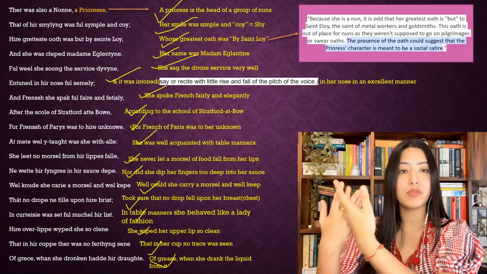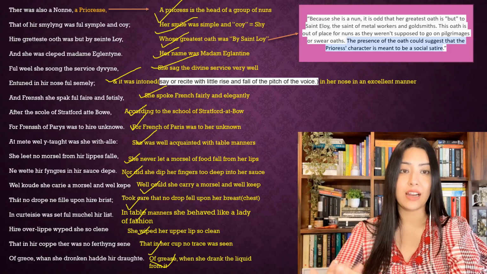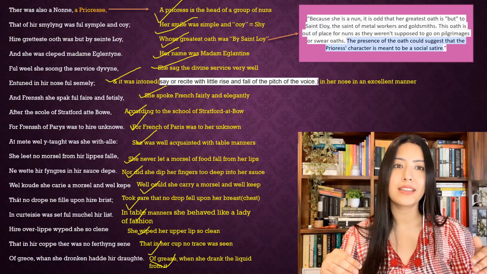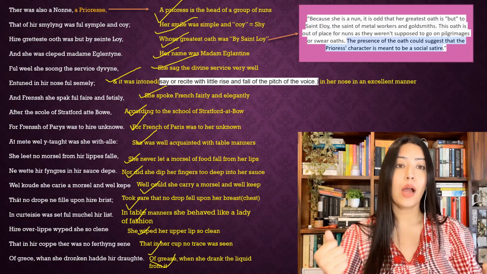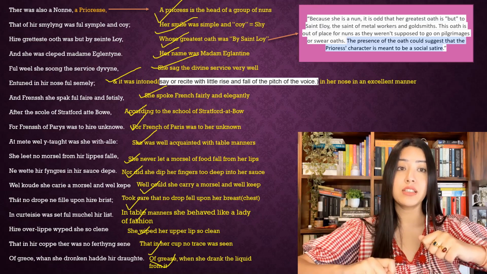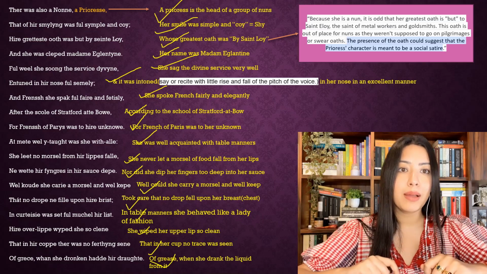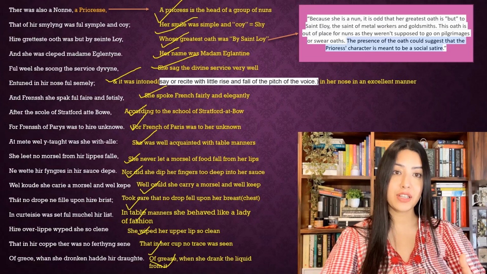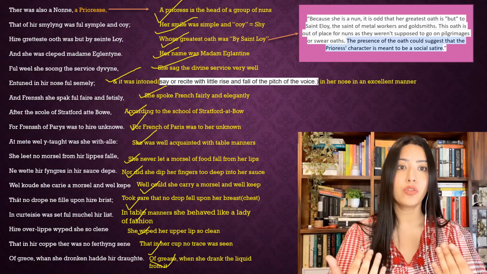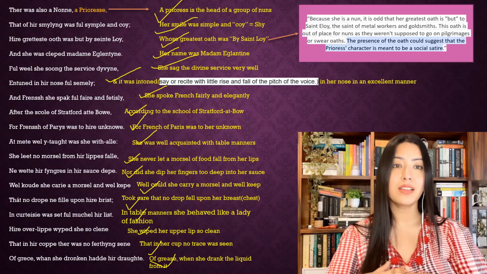It is the realm of spirituality that should attract a nun. But for her, it's these worldly things: what language she is speaking, how she is speaking, how she is presenting herself, whether she is actually observing table manners or not, how she carries herself in that surrounding. All of these things are what matter to her.